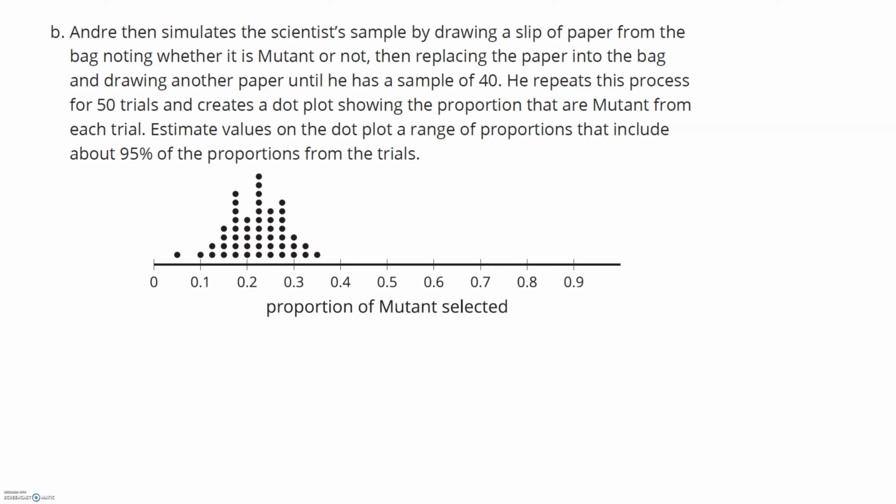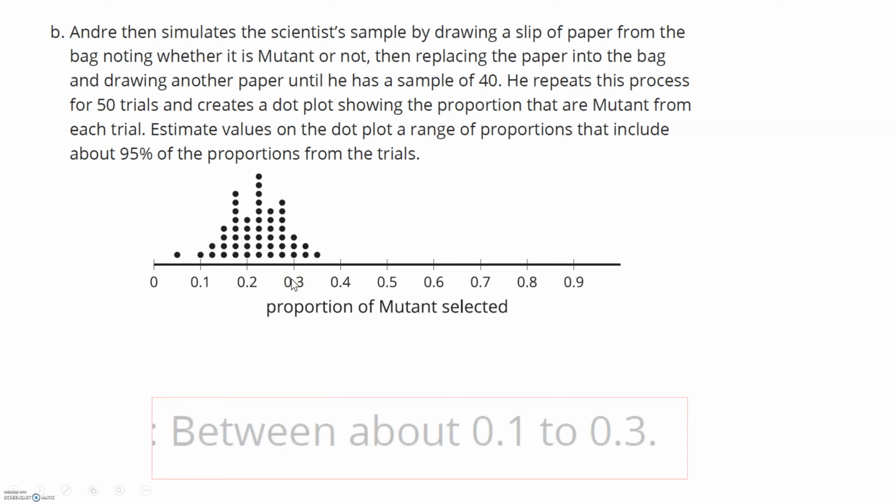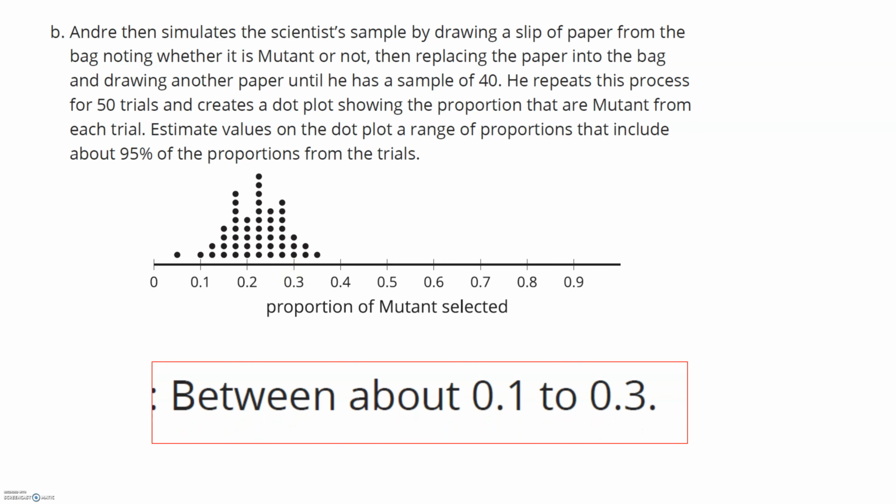Okay, so what do you see here that looks like 95% within the mean? Well, you can clearly see that it's right here and it's right here. Okay, so that would be about 0.1 to 0.3.